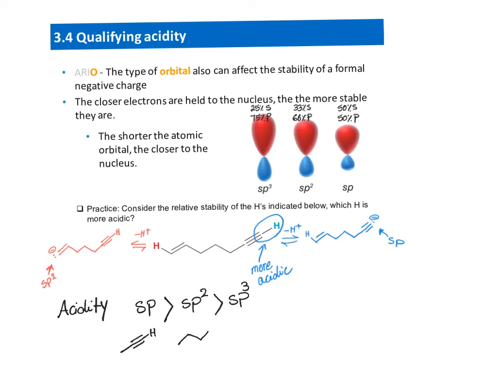This is sp2, and we have an alkane for sp3. We can even compare their pKa. The pKa for sp is 25. For alkene, it's 44, and alkane is 50. So the sp orbital is more acidic than sp2 and than sp3.